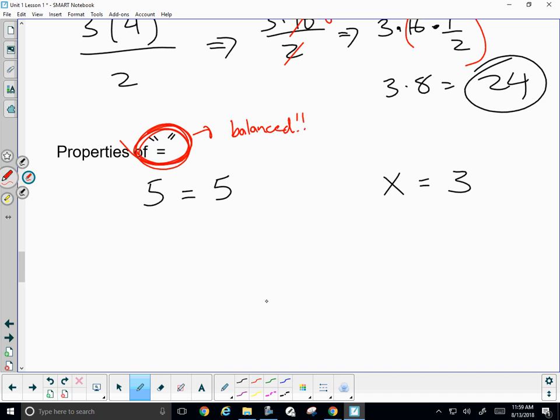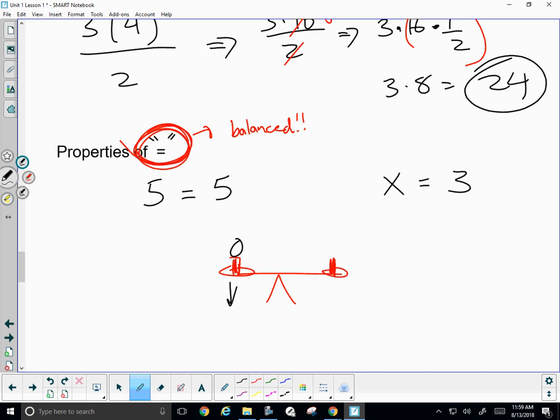Think about a scale, where you have a certain weight on one side and a certain weight that needs to match the weight on the other side. If you were to add anything onto one side, what would happen?